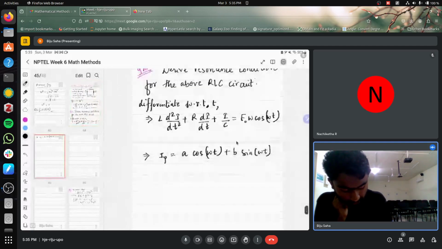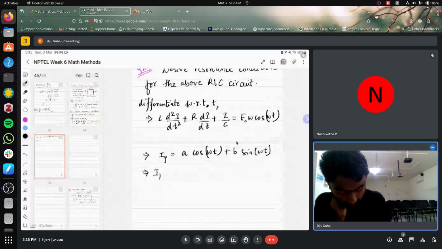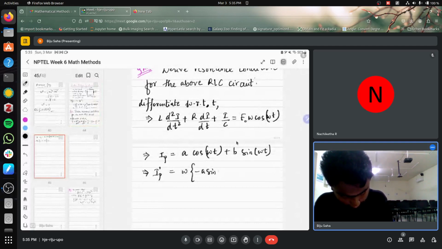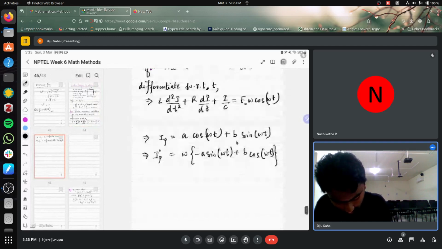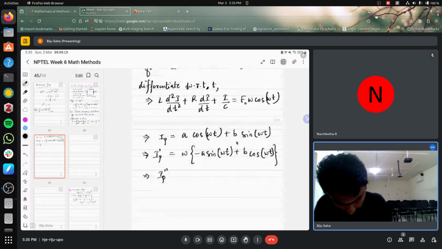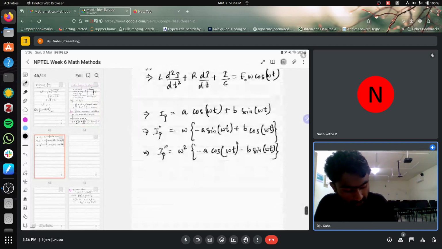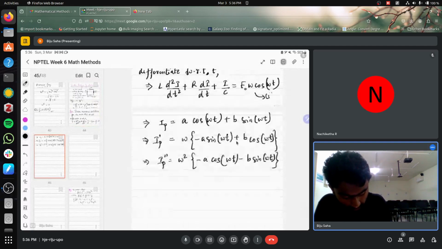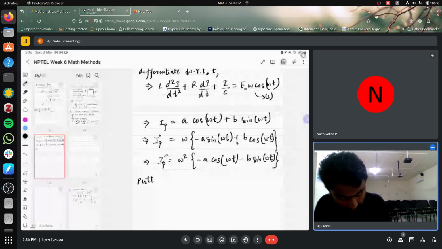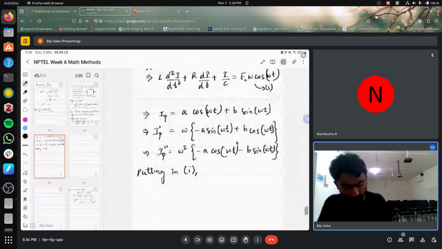Once again perform the differentiation twice, and put all of this in equation 1.